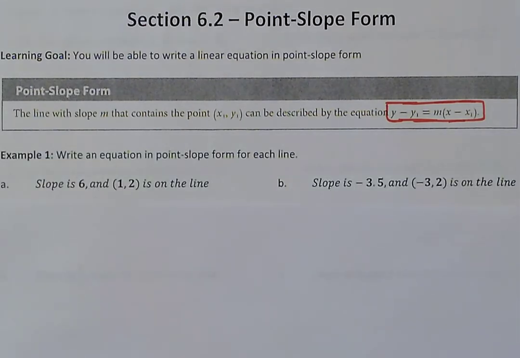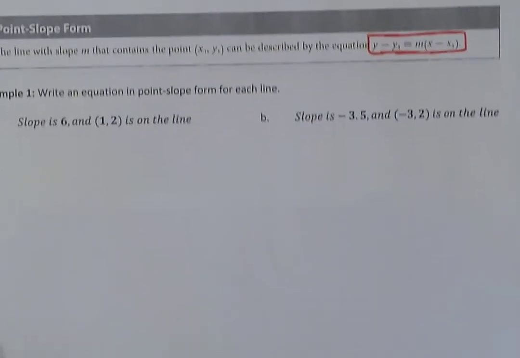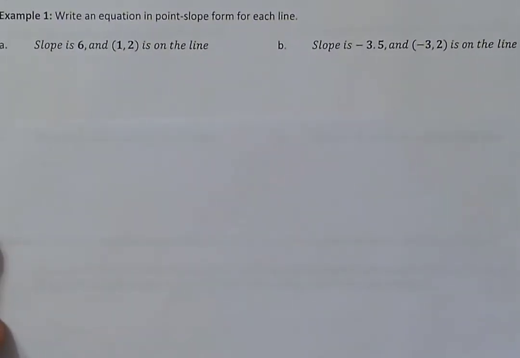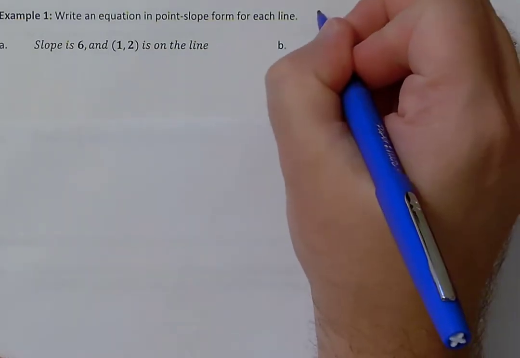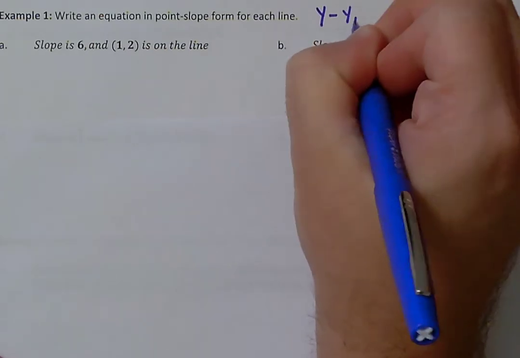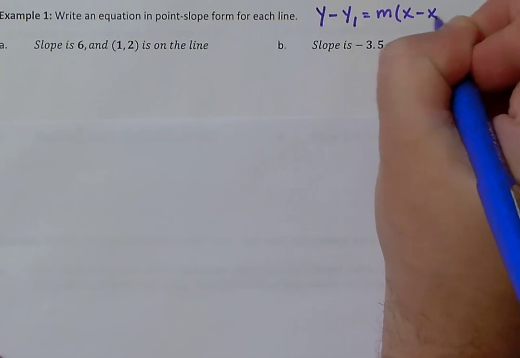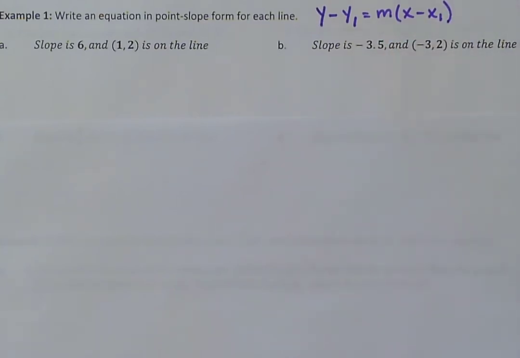So let's go ahead and get into example 1, where it's going to ask us to write an equation in point-slope form for each line. I'm going to rewrite our equation, which is y minus y1 equals m times x minus x1. All we need for each of these problems is to know our slope, and our x1, y1.